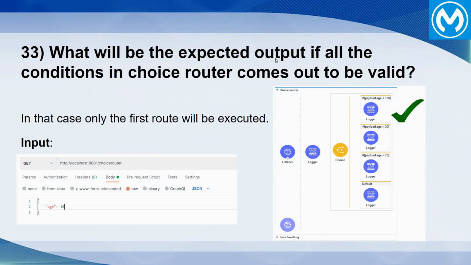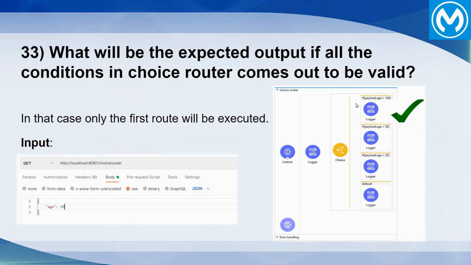What will be the expected output if all the conditions in the choice router come out to be valid? Now, in a choice router we will have a number of conditions based upon our requirement. By any chance, for the given input or test case, if all the conditions are satisfied, where will the control go? That is the question. The choice router works in such a way that first it will check if this particular condition is succeeding or not.